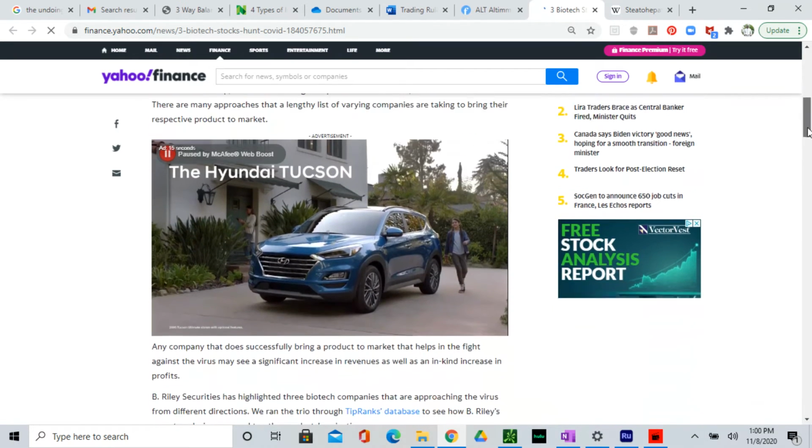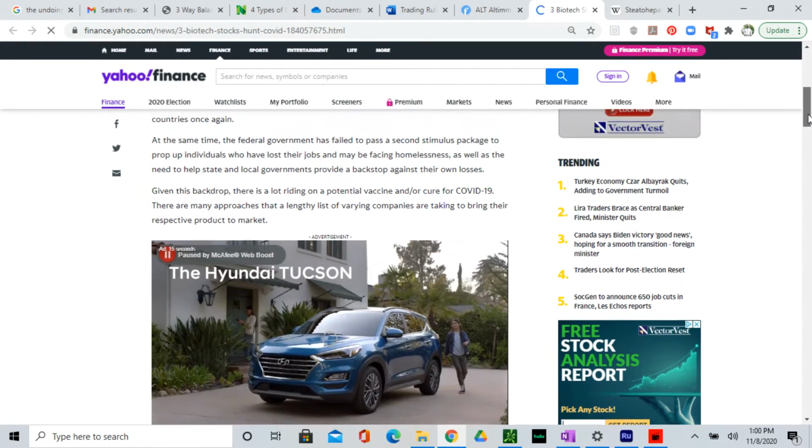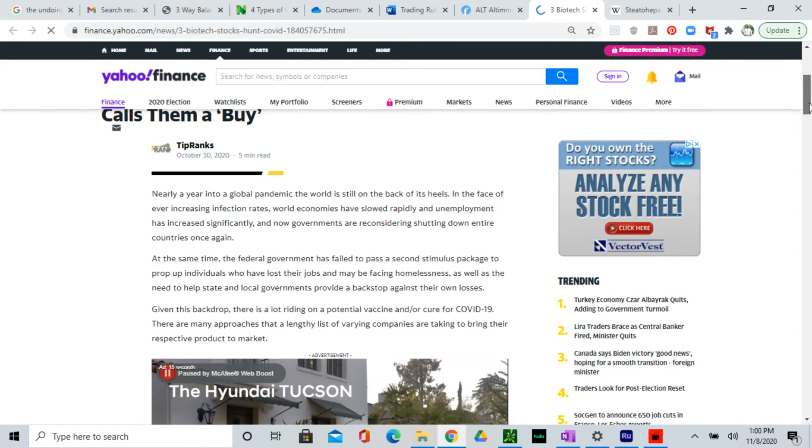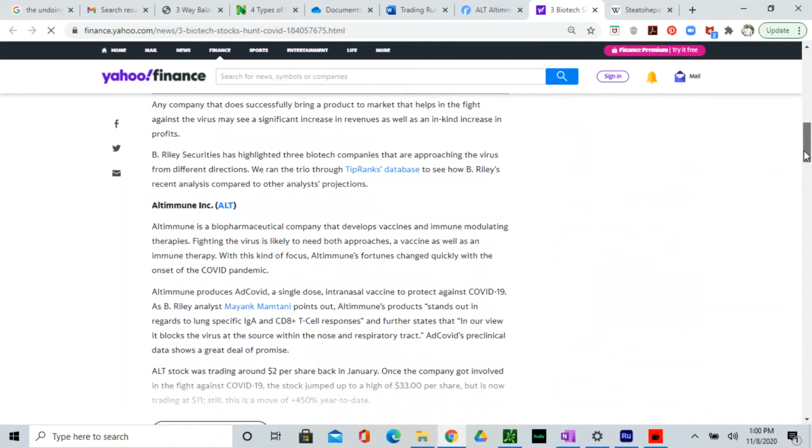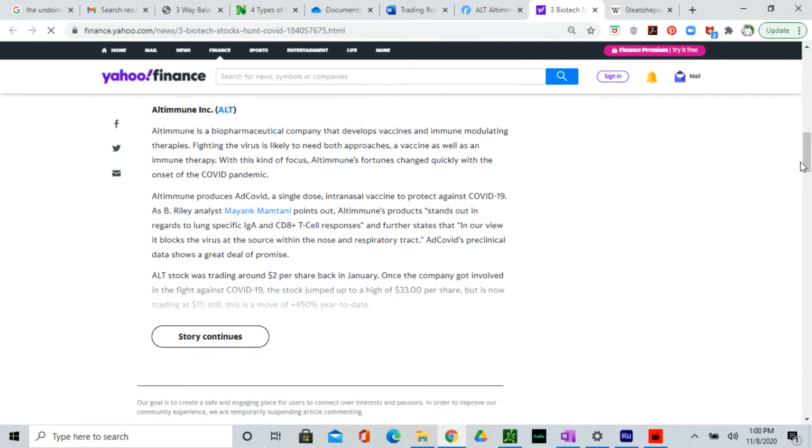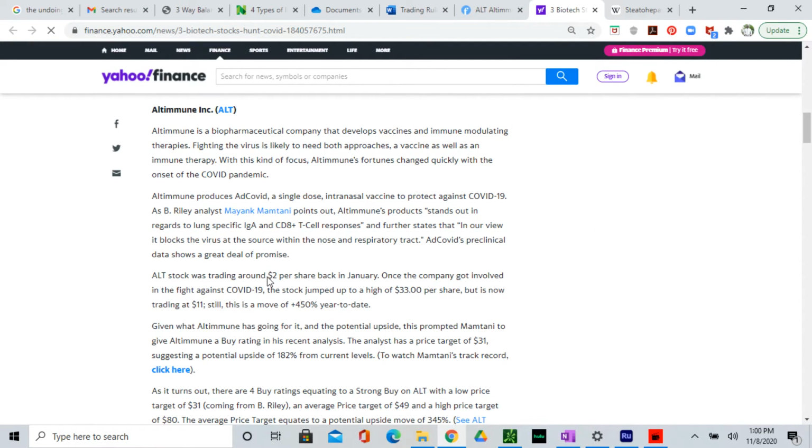Here we see that this article goes on and talks about ALT right here, and then it goes into its history. It talks about the actual drug itself. It said that it produces a single dose intranasal vaccine to protect against COVID-19. It points out all immune products stand out in regards to lung specific immunoglobulin A, CD8 plus T cells, and T cell responses.